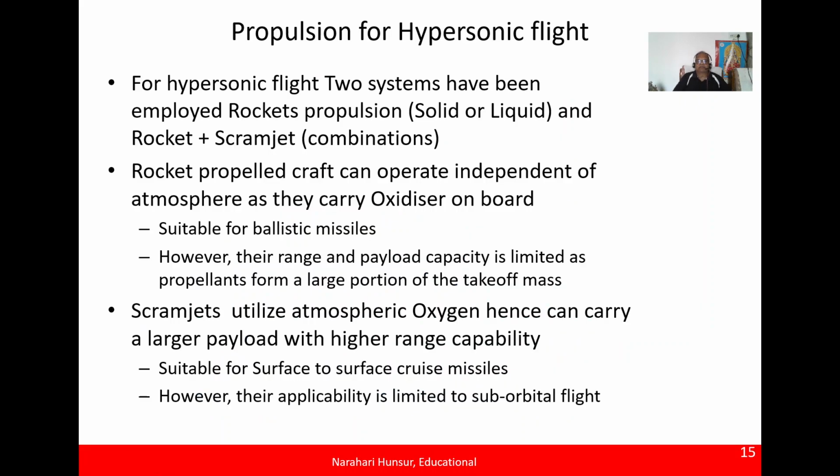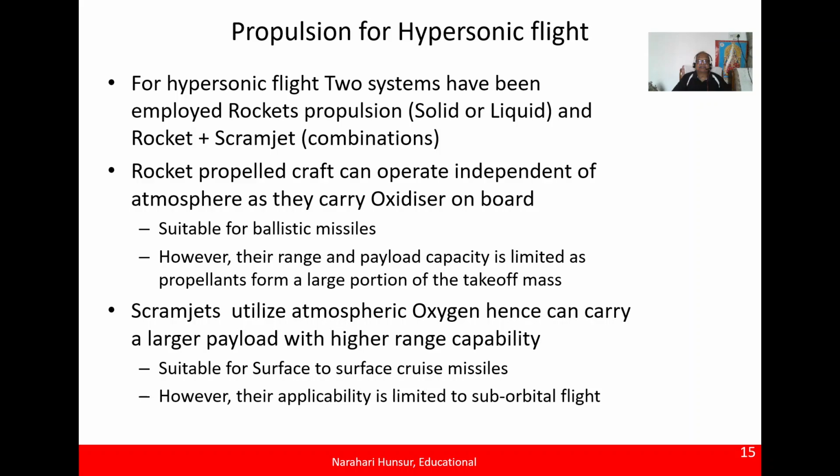So far for hypersonic flight, two broad systems have been employed: pure rocket propulsion, solid or liquid, which you can see in, for example, Agni and other kinds of ballistic missiles, and of course, rocket plus scramjet, with the rocket initially accelerating the vehicle to the speed where the scramjet takes over. Rocket-propelled craft can operate independent of the atmosphere as they carry oxidizer on board, suitable for long-range ballistic missiles.